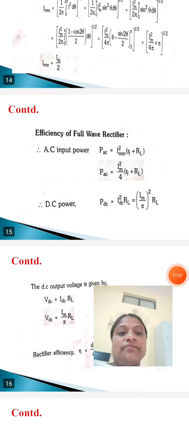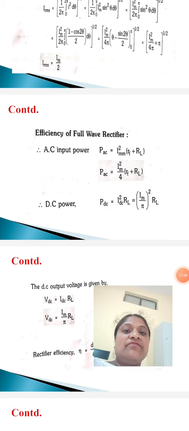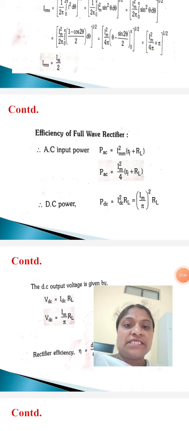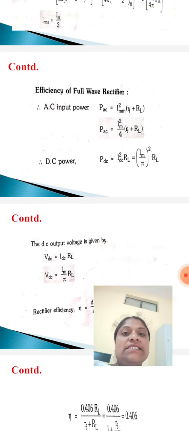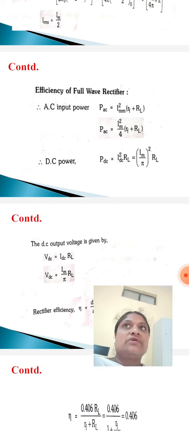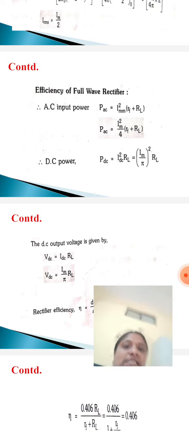So therefore the efficiency of full wave rectifier. AC input power, we can calculate power. P is equal to V into I, or I square R, or V square by R. You can select any formula as necessary.